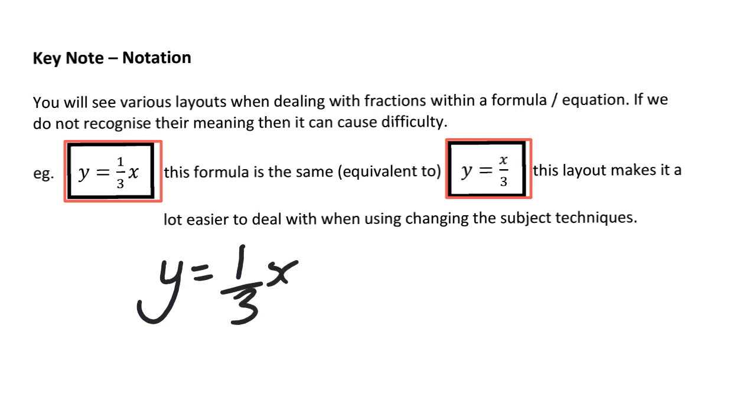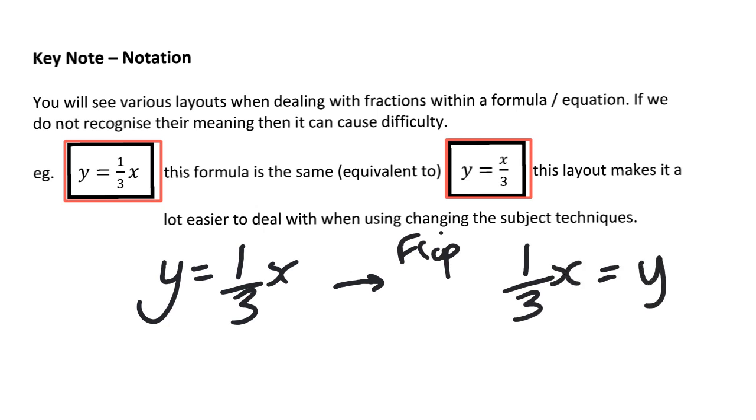So if I was to start with y equals a third x like this, and then progress to another line where I chose to flip, because we want the x on the left-hand side, then we would have a third x equals y.